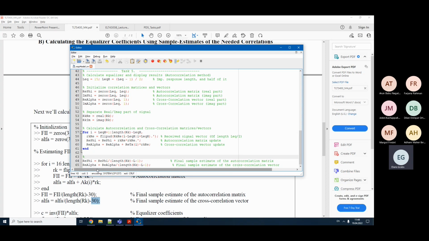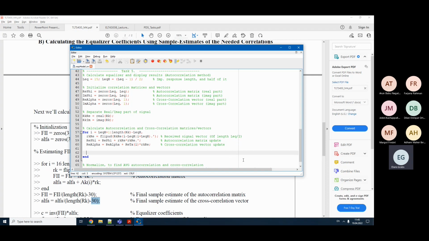So here we normalize to find the average autocorrelation and cross correlation. At any rate, this procedure calculates the autocorrelation matrix and cross-correlation vectors that we need to find the filter coefficients.